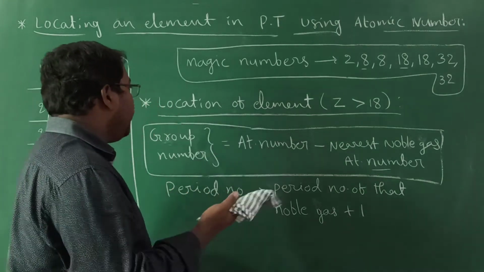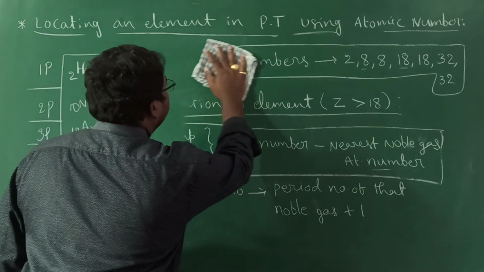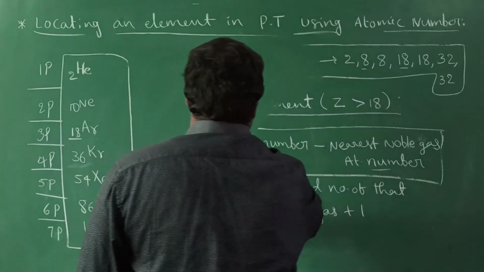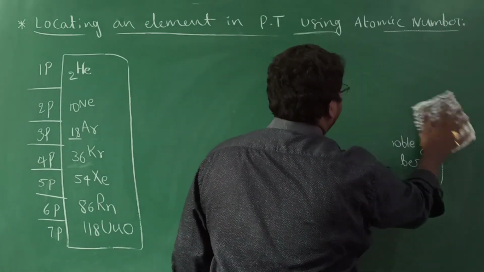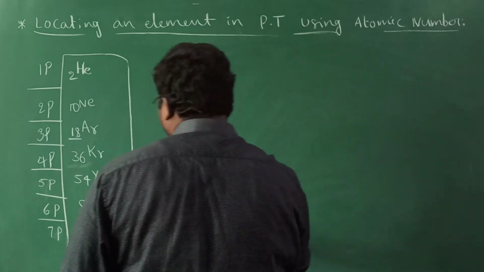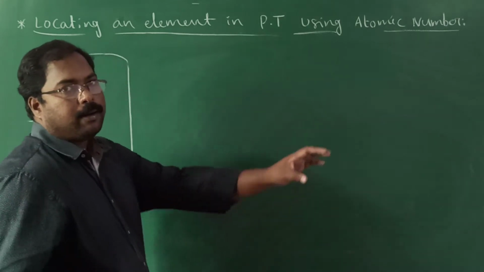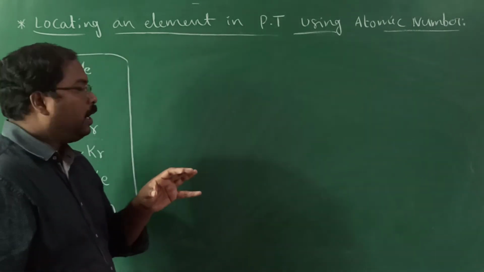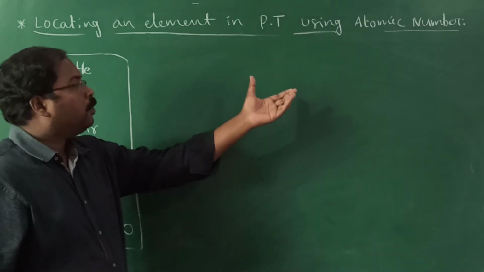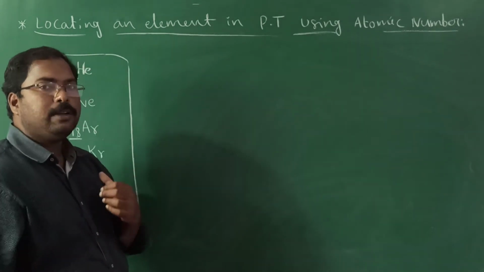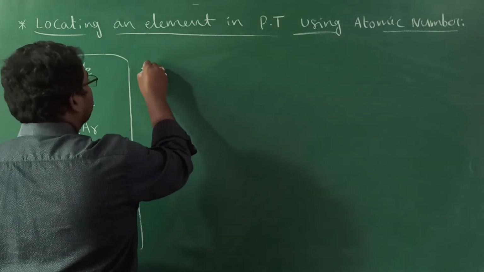Now look at the periodic table and let us take one example. Tell me any one atomic number, and let us locate that element in the periodic table. That's why I told you to open the textbook to observe the periodic table. We use this rule for elements with atomic number more than 18.